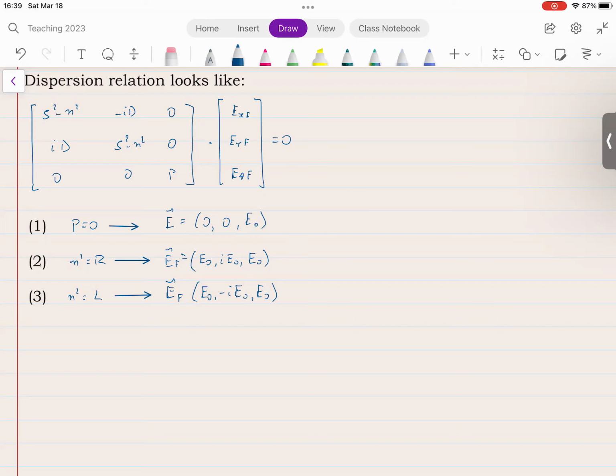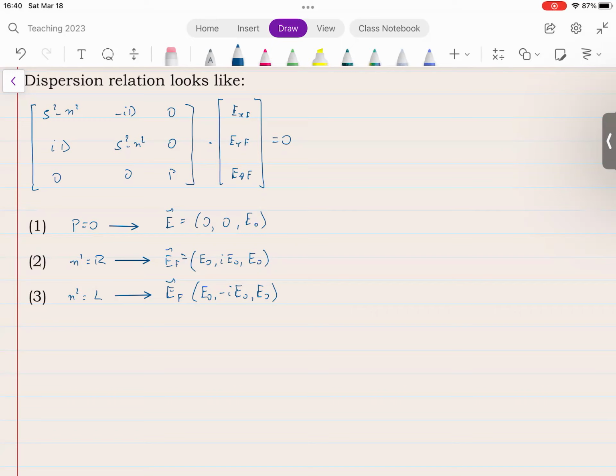And the reason is that in this case, the particles oscillate along the magnetic field, and therefore there is no V cross B term in the equation of motion.